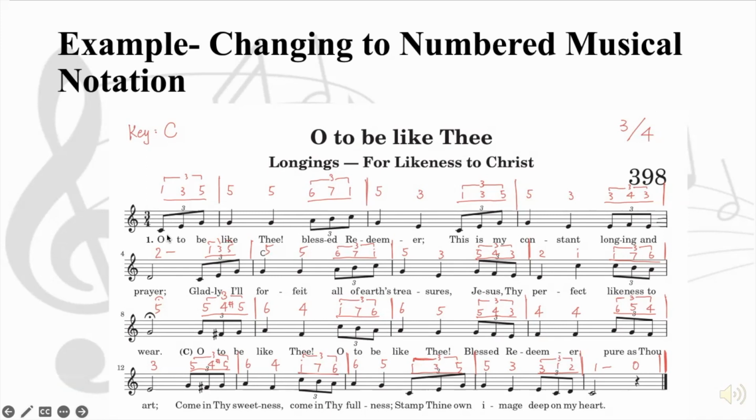The first one is a triplet, so we write it according to its pitch. It's do mi so, so I write 1 3 5 and give it a triplet sign. Okay, and so on. So that will be our practice today.